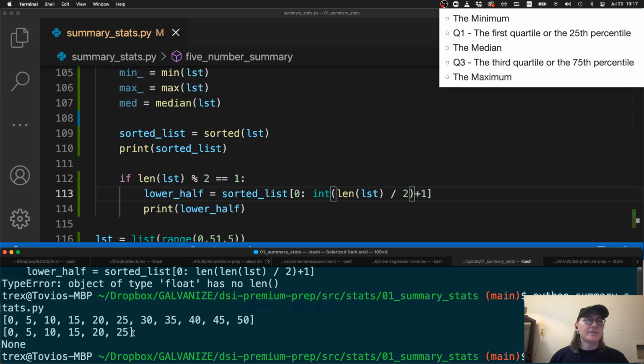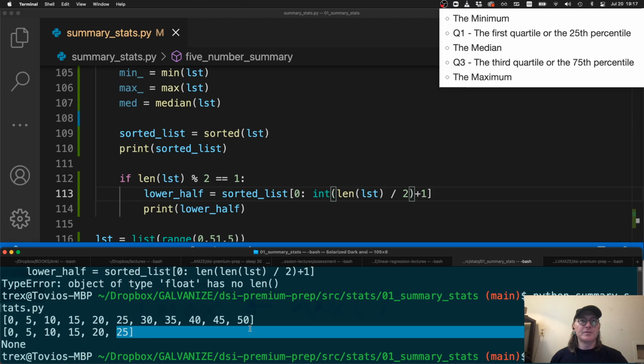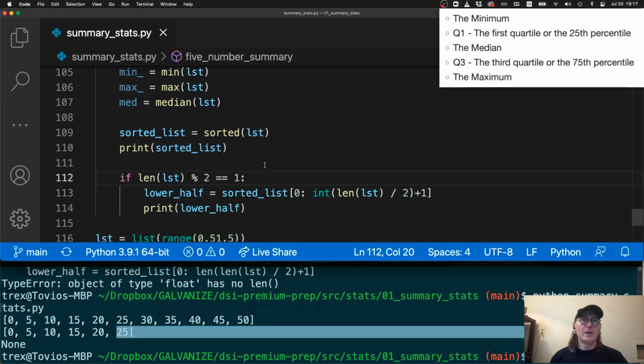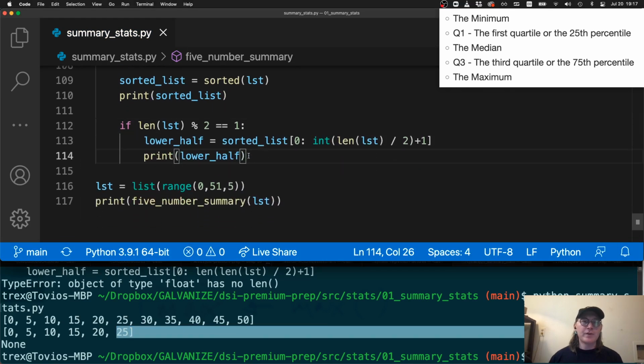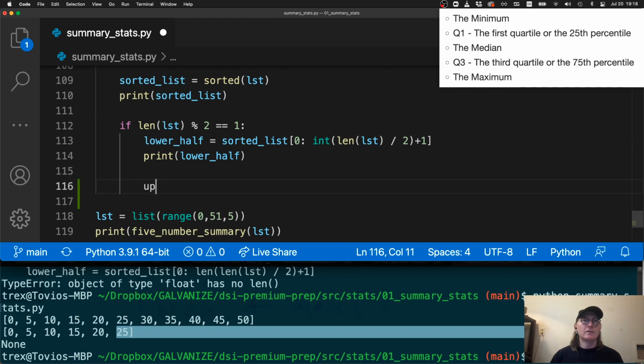So our lower half looks like this. We're including that 25, which is the median. And our upper half should start at 25 and include up to 50. So how do we do that? We can just do this.